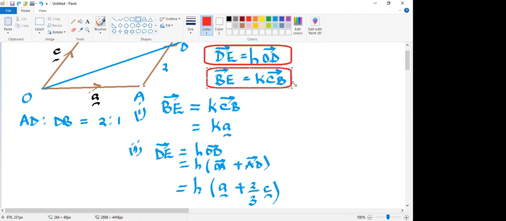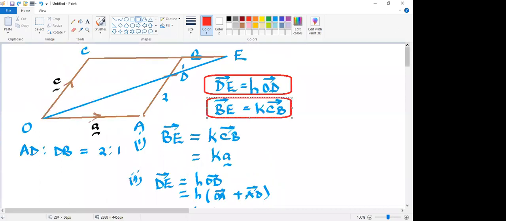However, we still explained where they came from, because we said DE and OD are parallel.